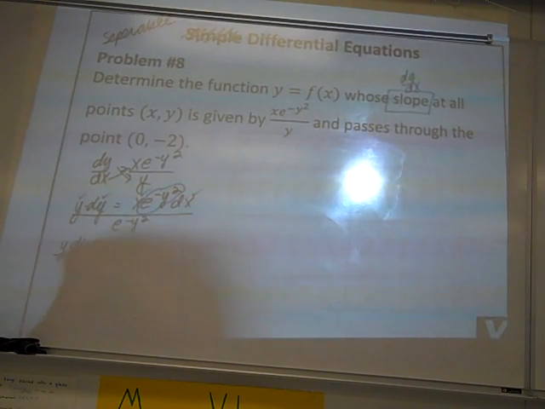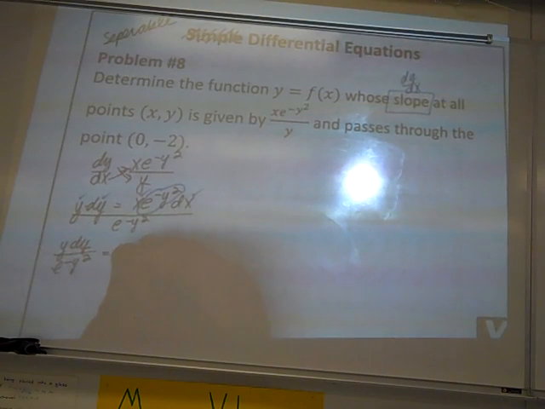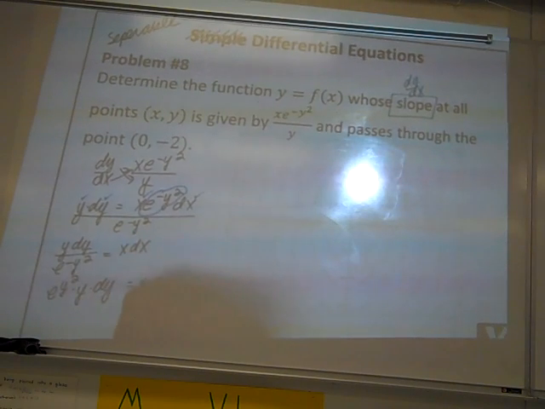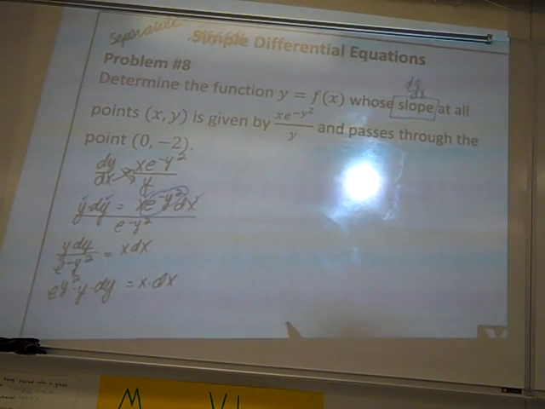So we have y dy divided by e to the negative y squared equals x dx. If you don't like having the e to the negative y squared in the denominator, and I don't either, I'm going to rewrite this as e to the y squared y dy equals x dx.